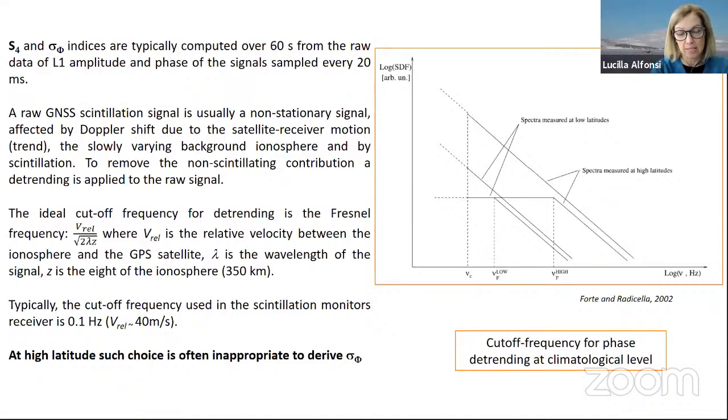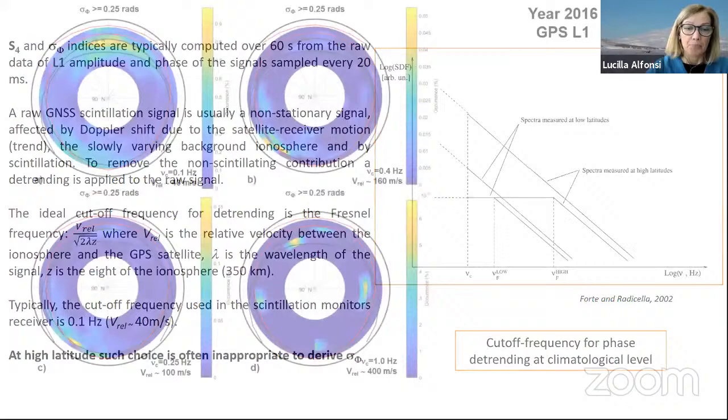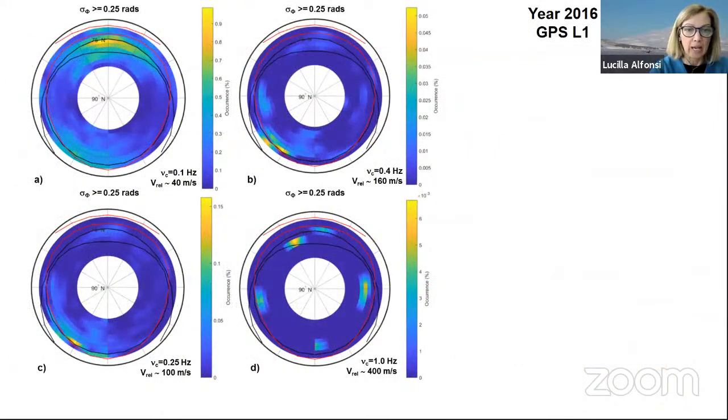This is a heavy underestimation of the actual velocity of the ionosphere at high latitude. So the idea is to try to find the best cutoff frequency to be realistic and to remove the trend induced by the velocity of the satellite.